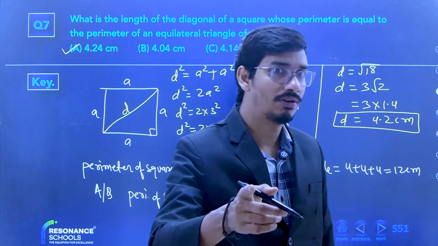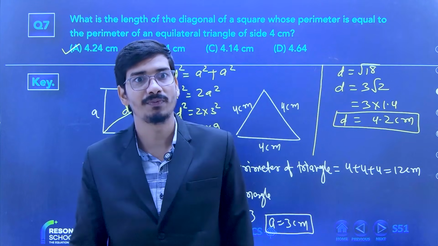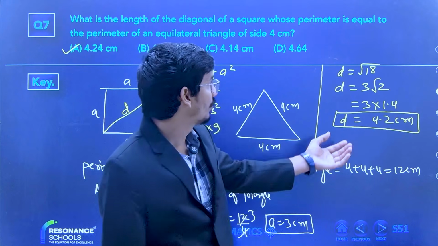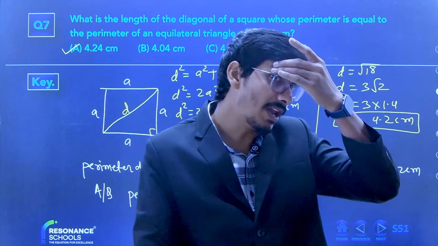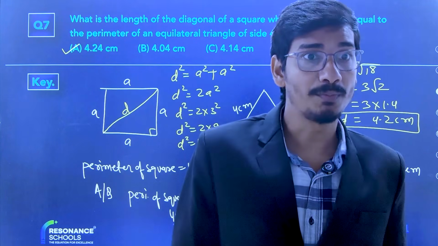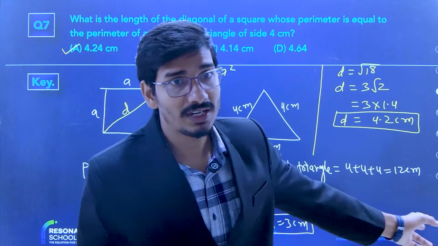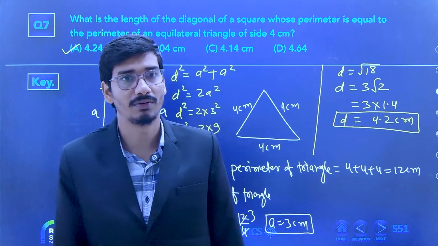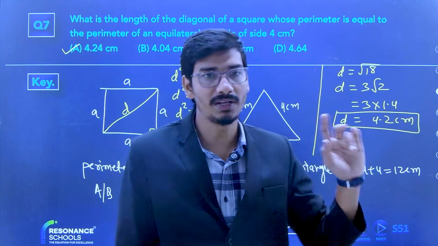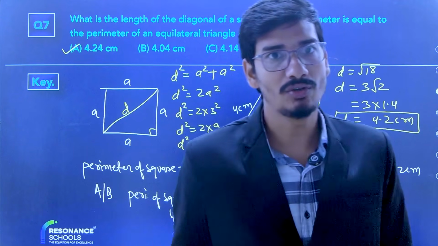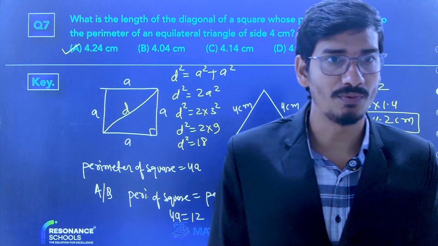I already explained how to find the square root of any quantity. In the same way, you can find the square root of 2 by the long division method. After putting the decimal, you will get 1.41. When you multiply 1.4 into 3, we get 4.2. So according to the options, 4.24 is the correct one.